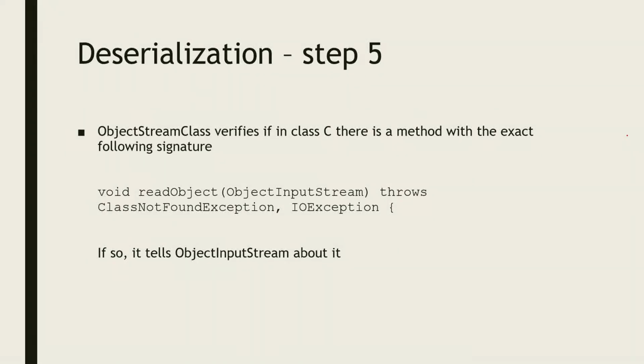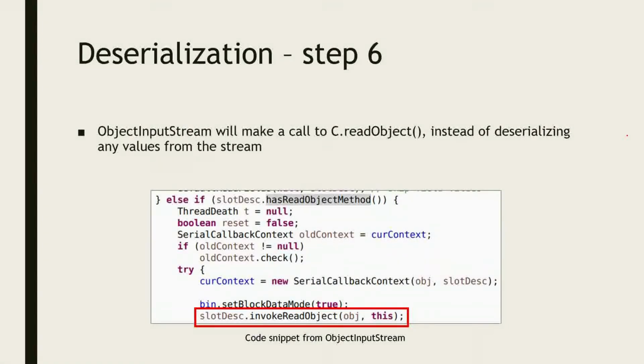If so, it tells ObjectInputStream about it. So it's handing back flow control to ObjectInputStream again. And ObjectInputStream will make the call to C's readObject, the readObject implementation of class C, before it would deserialize any of the fields.